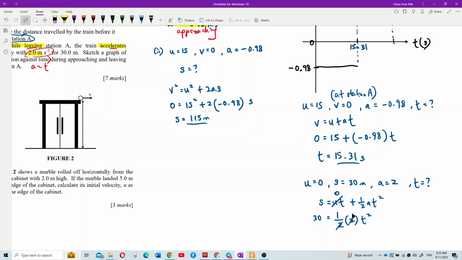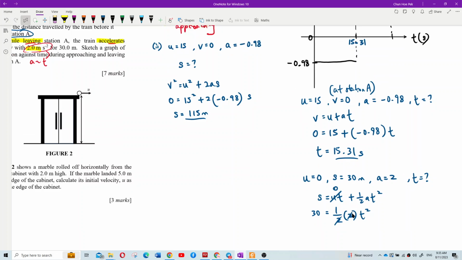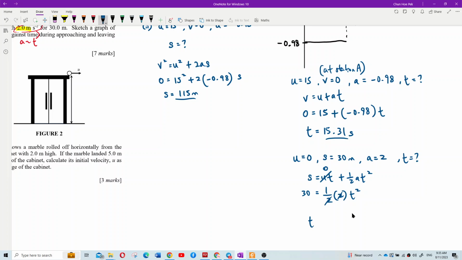So t is square root of 30, which is 5.48 second.